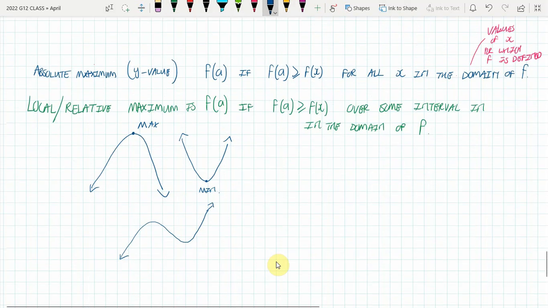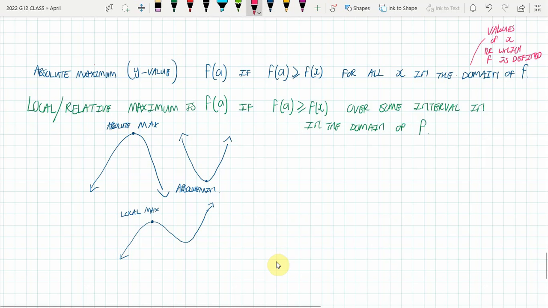This one is an example of an absolute maximum. Again, absolute minimum. Now this one will be a relative or local maximum. Why?